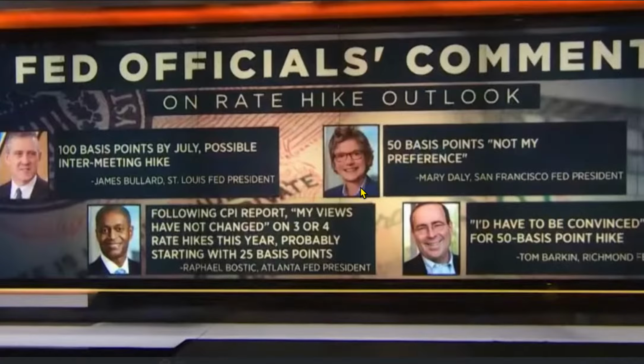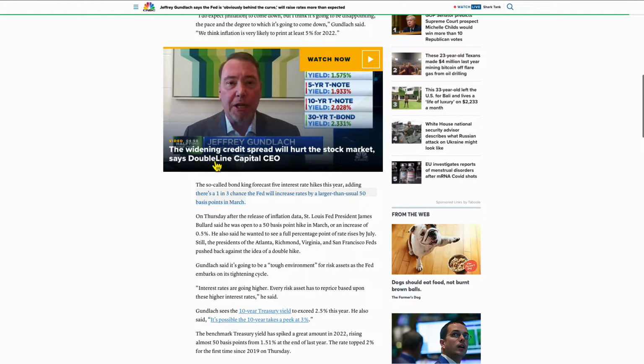I can see myself that we were supposed to take care of this problem last year, which we did not. You know this guy, right? Jeffrey Gundlach, the bond king. Look at the treasury rate: 5 year is 1.93, 10 year is 2% right now, which is way too high.